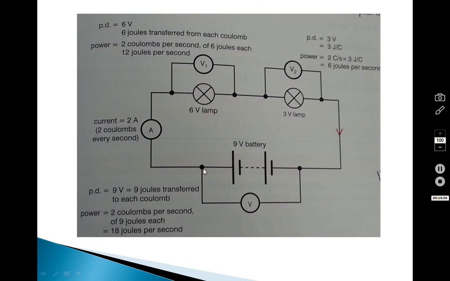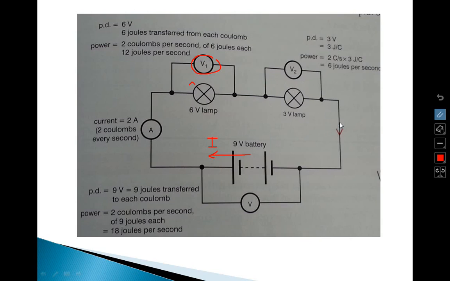From this discussion, there is a relation between three main things here. There is a strong relation between the current I passing through the circuit, the voltage V, and another thing, which is resistance. When current moves through, for example, this lamp, we will find some resistance, and the resistance comes from this lamp.